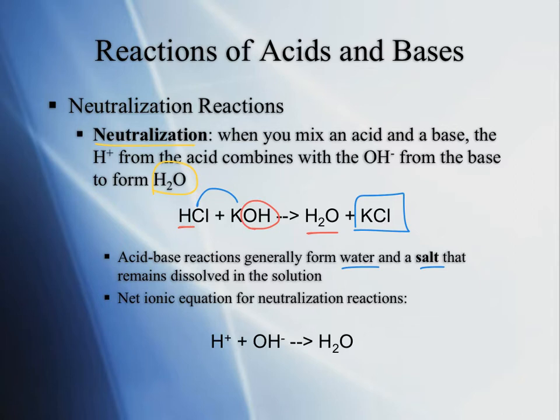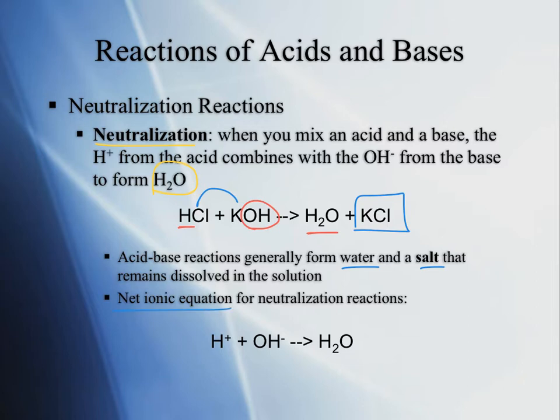Okay. So if we were to take a look at the net ionic equation, and we did these back in Unit 2, with breaking apart all of the aqueous substances into their ions and figuring out exactly which ions are taking part in the reaction. That was our net ionic equation.